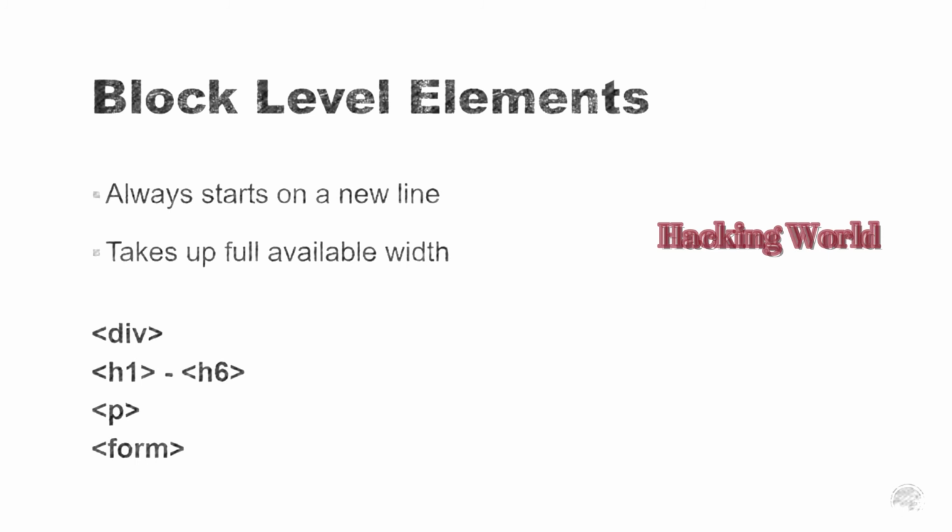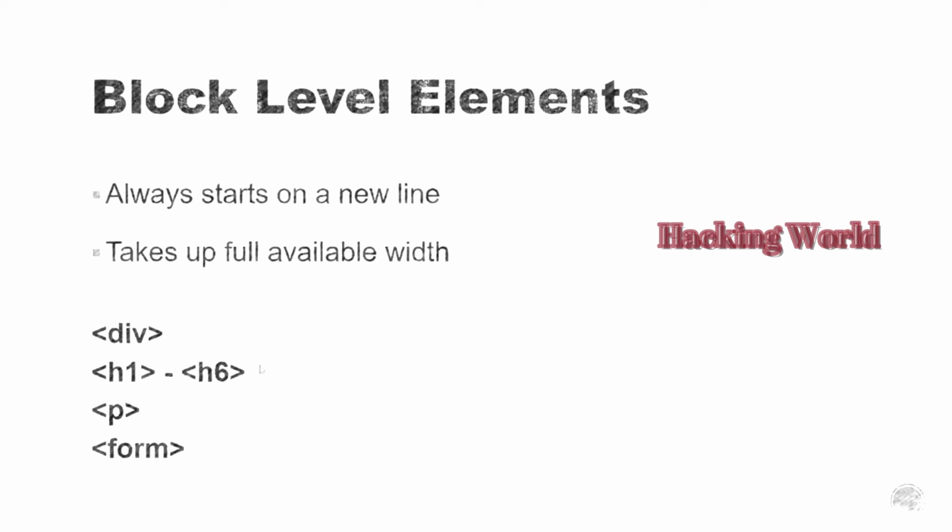Now we also have block level elements and inline elements. Block level elements always start on a new line and take up the full available width. So here are some examples of block level elements: div, H1 through H6, paragraph tags, form tags. These are block level, meaning that if we put something inside, let's say an H1 tag, it's going to go across the whole page.